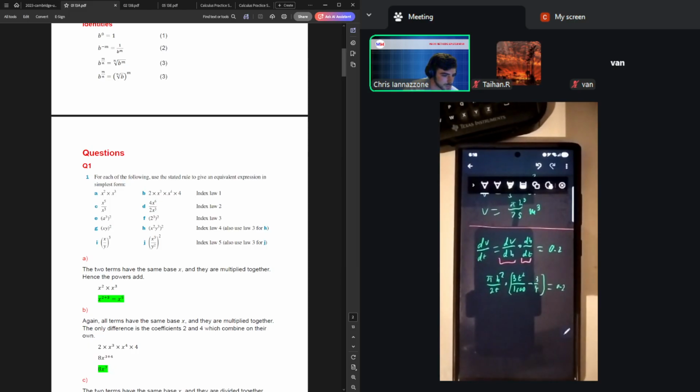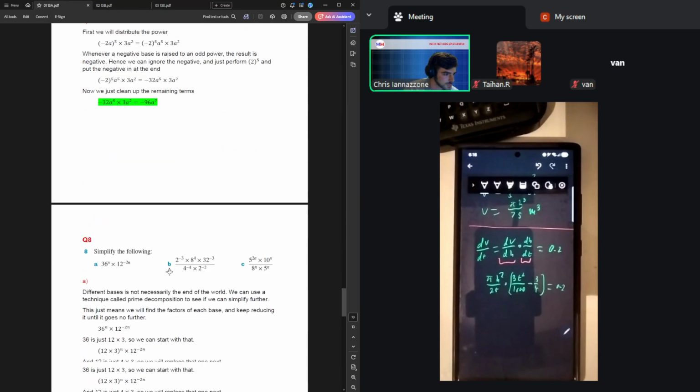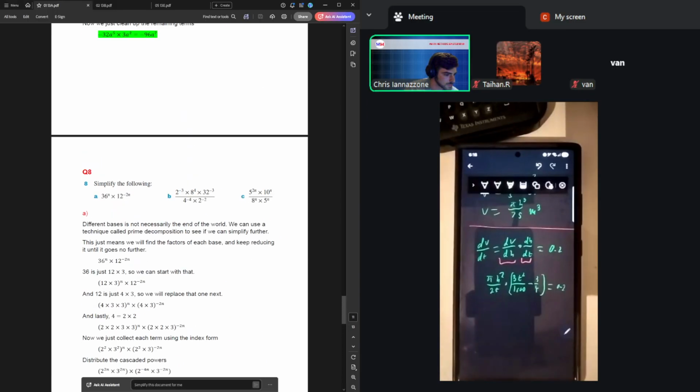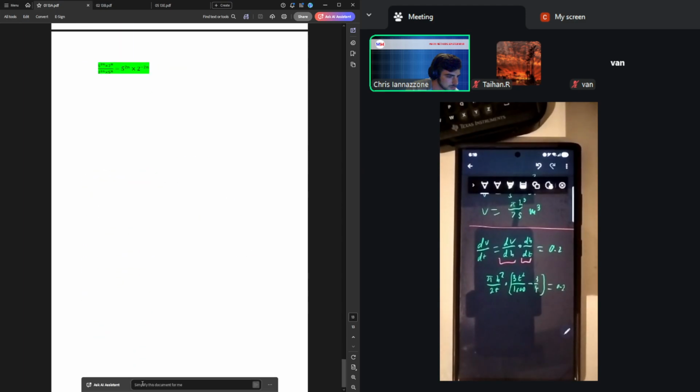13a, question 11b. Okay, 11b. Let me just close up all this. Hang on, what? 13a, unit 1 and 2, 11b. Did I just not do this one? Surely not.